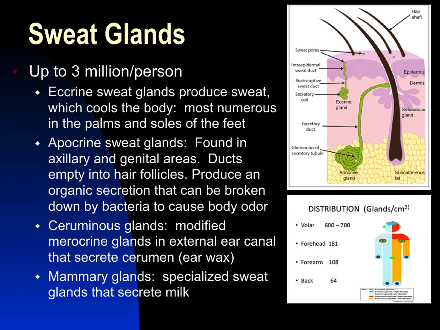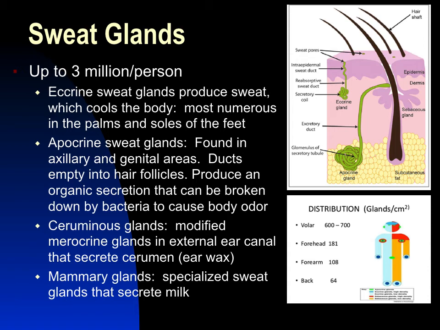And these sweat glands aren't active until puberty, and they have a more viscous secretion that's going to contain some organic molecules, and they'll be associated with bacteria that will produce odors. These are involved in producing odors that happen in adults, and they produce pheromones that can attract or repel members of one sex or another.